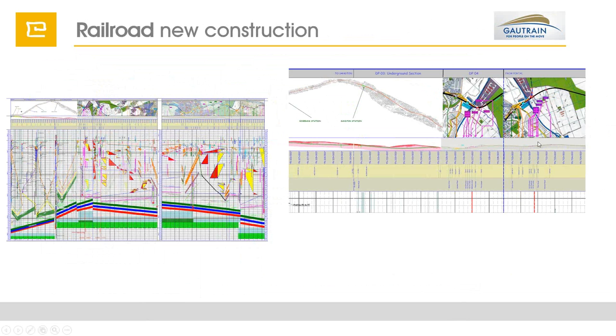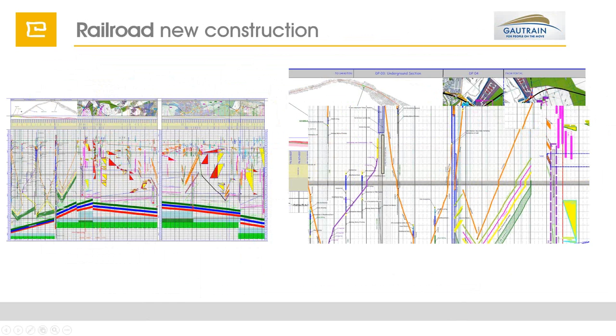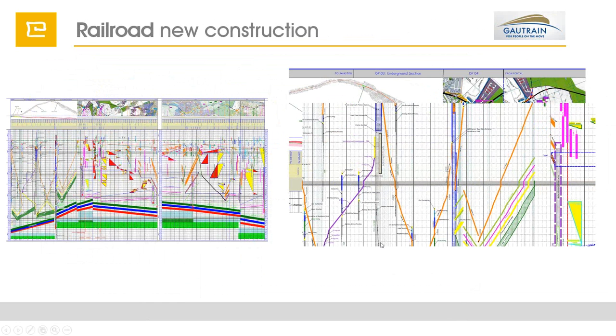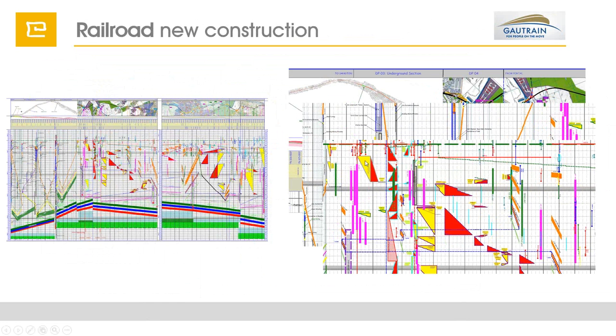In the left area, you see the tunnel drilling, and this rectangle is building the stations, while on the right side, where we are overground, we have other types of activities. We got these triangles in yellow and red, and they represent a cut and fill section.